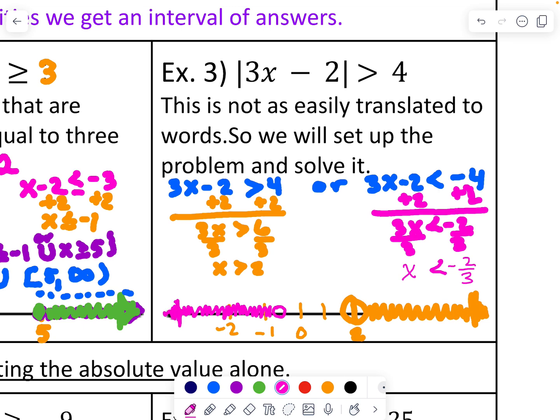Okay, so we can rewrite this in set notation as all the x's such that x is greater than 2 or x is less than negative 2/3.